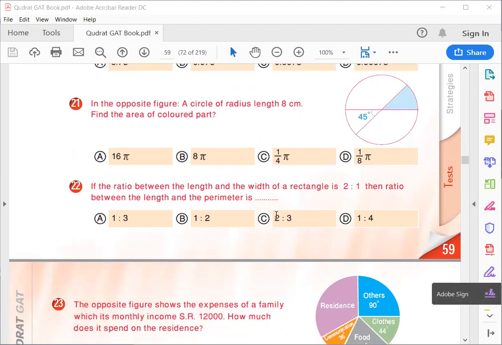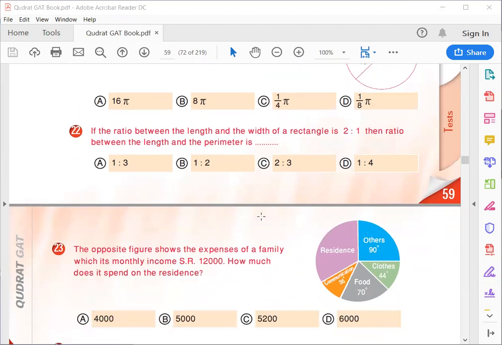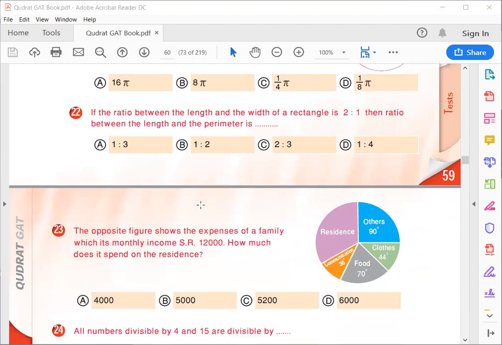So we will go to 22. If the ratio between the length and the width of a rectangle is 2:1, then the ratio between the length and the perimeter is what?